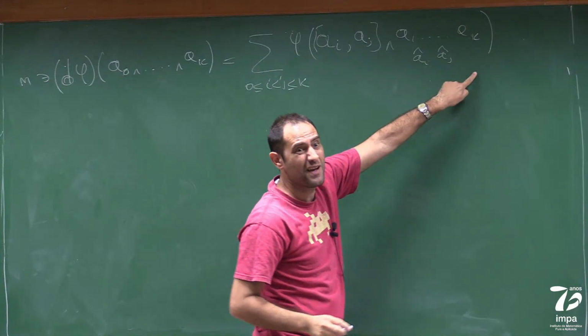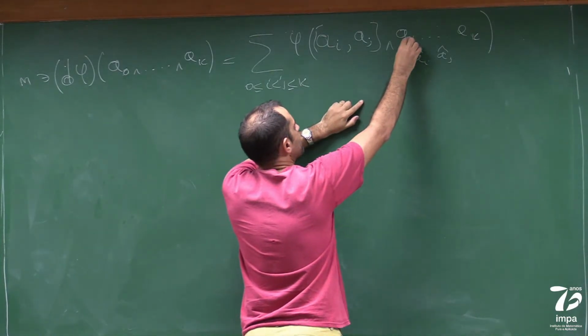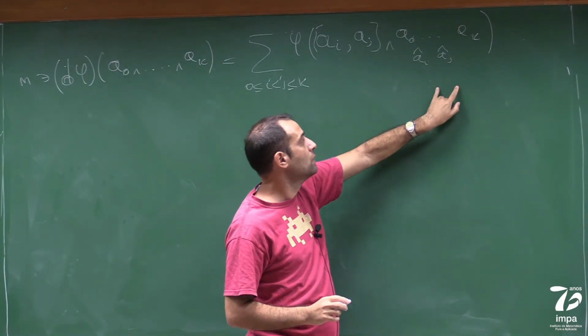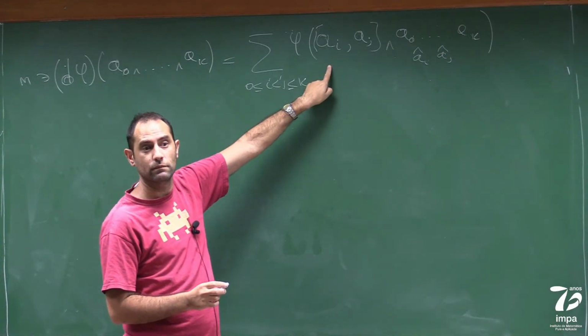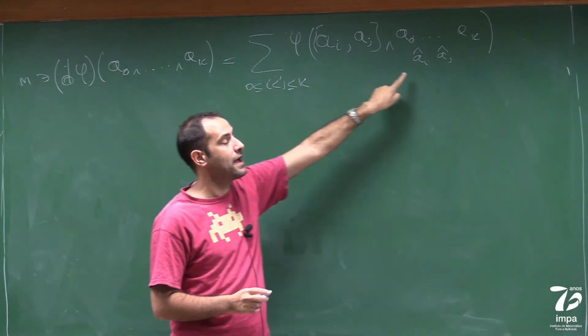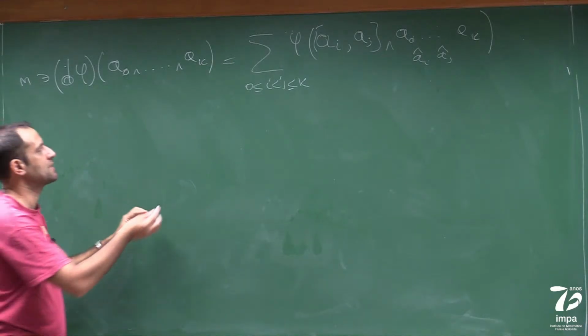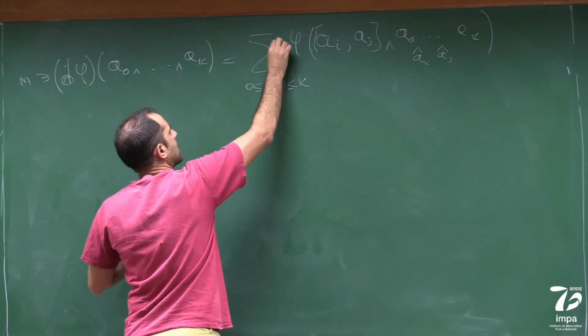Here's a 0 where I start. So I had k plus 1, I took 2, and I added 1. So this has k guys inside, and phi applies to that and gives me an element in M. And I need to put a sign, which I'm going to choose as (-1)^(1+i+j).